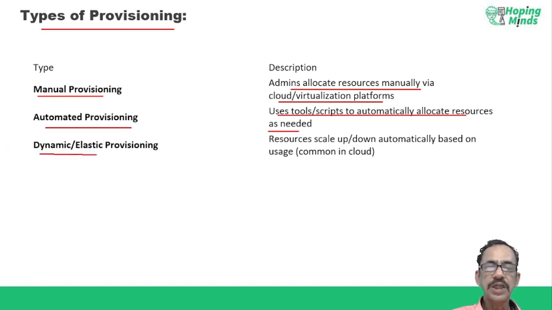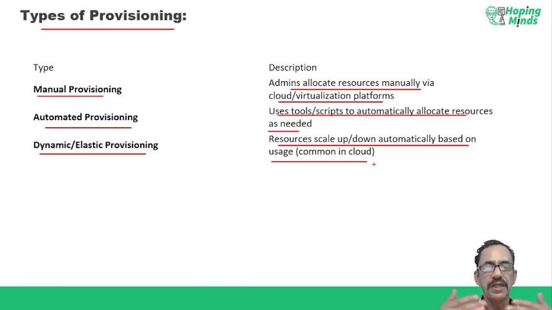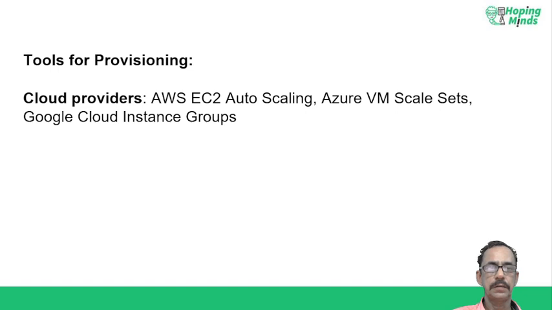Then dynamic or elastic provisioning, where resources scale up and down based on usage, which is common in cloud. So we can automate this process, deciding how many resources a particular machine or application requires. That is resource provisioning.